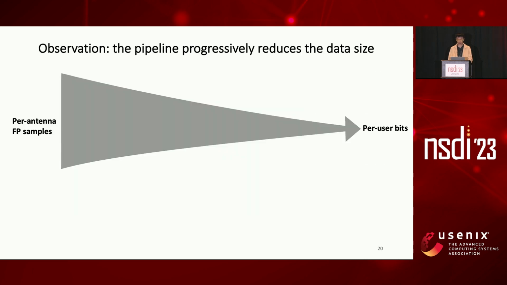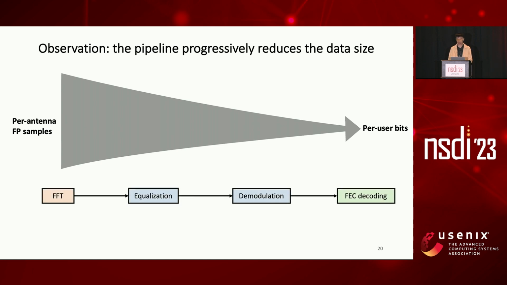Let's switch to our second idea for reducing inter-server communication. Hydra's second idea comes from our observation that the massive MIMO signal processing pipeline progressively reduces the data size. So if we can delay the inter-server data shuffling as much as possible, we can make the system more scalable. Let's go back to our hypothetical example with 120 antennas and 30 users.